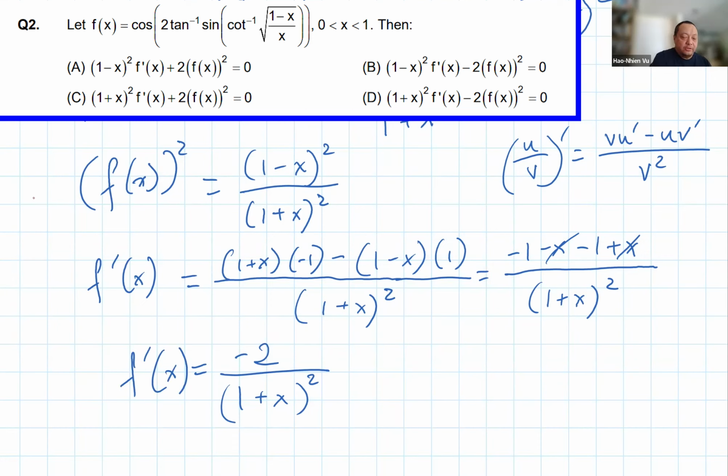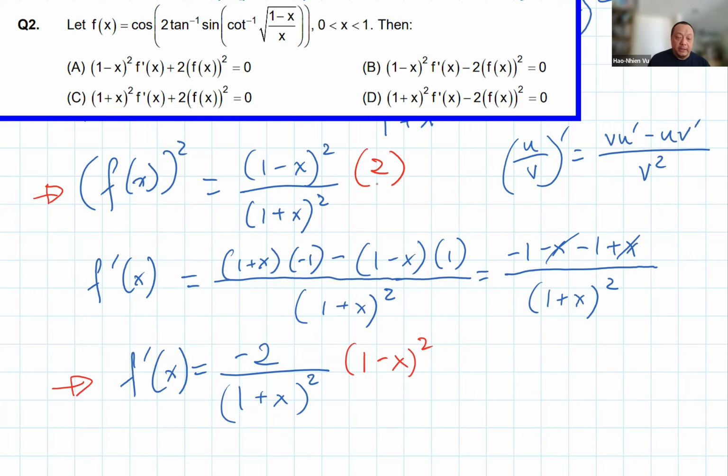Okay, I have this f(x) squared and I have this f prime of x. And how do I make them balance out? Well, it looks like if I want to do that, then I need to multiply f prime by 1 minus x squared, and I multiply the square of f by 2. Then that way I have opposites.